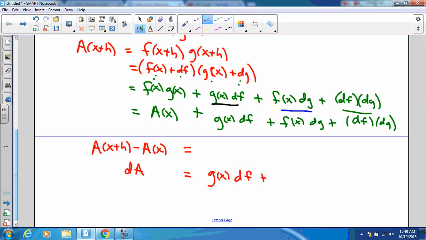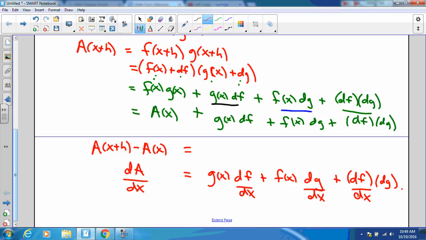And according to our algebra here, that is equal to g df plus f dg plus df times dg. Now here's where Leibniz reasons. He says, let's divide through by dx to get a rate of change.